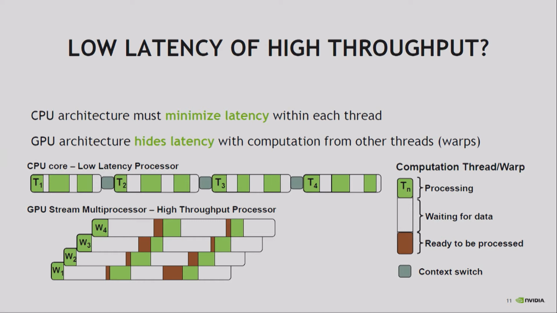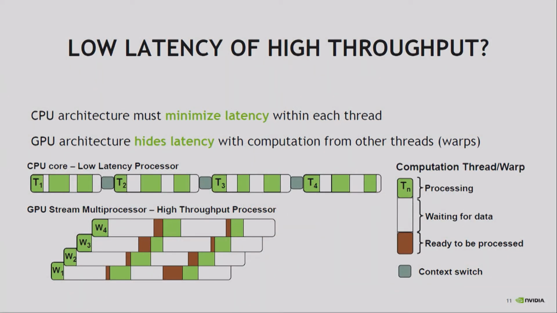GPUs are designed not to be fast per thread, but to hide this latency. When a thread needs to load some memory or do some expensive operation, we can switch between threads very quickly and not see any significant penalty. So CPUs are designed to minimize latency, and GPUs are designed to hide it.